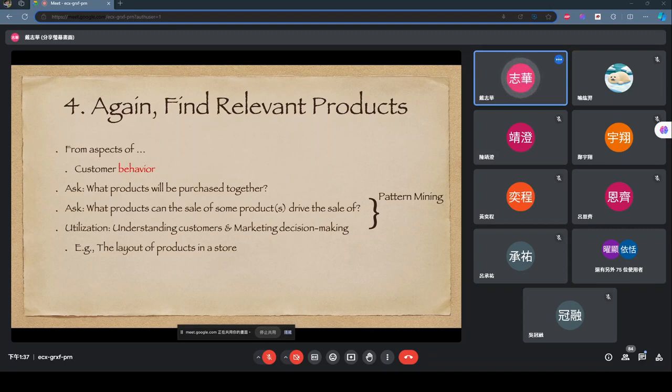To my knowledge, nowadays, this kind of mining task could only be well solved by data mining techniques. Maybe someday it could be solved by, I don't know, maybe neural network.